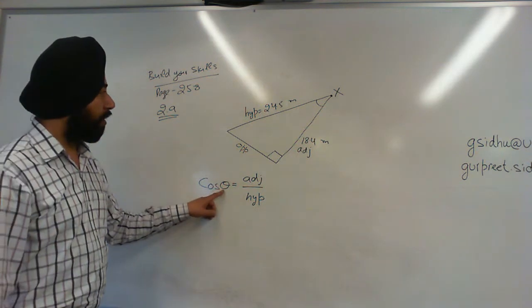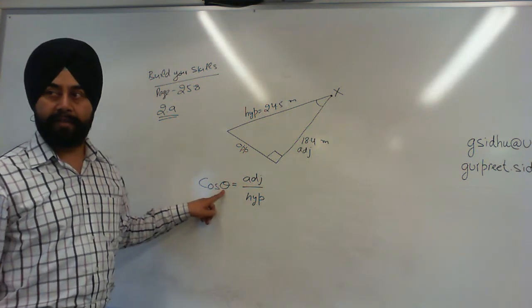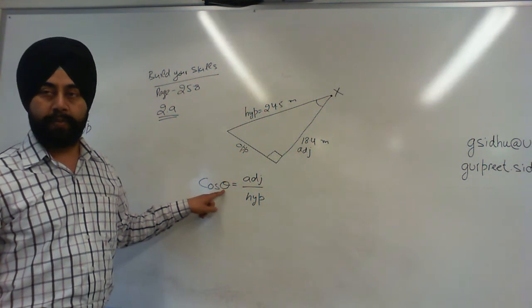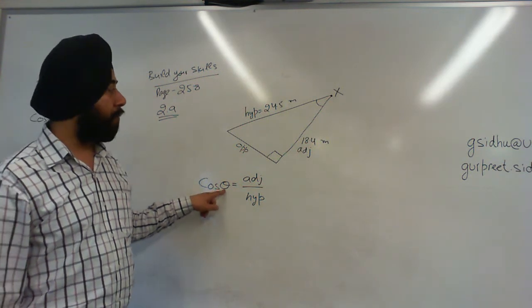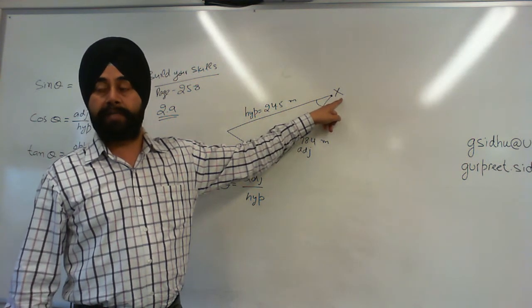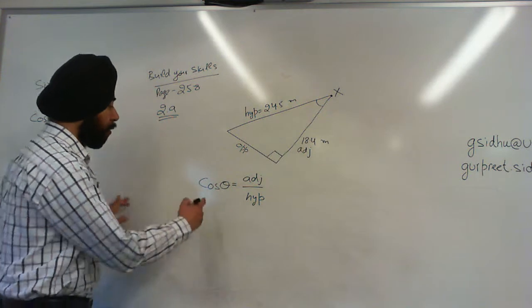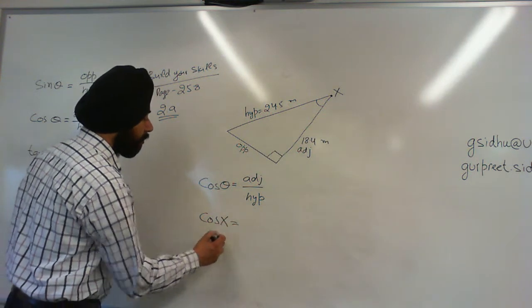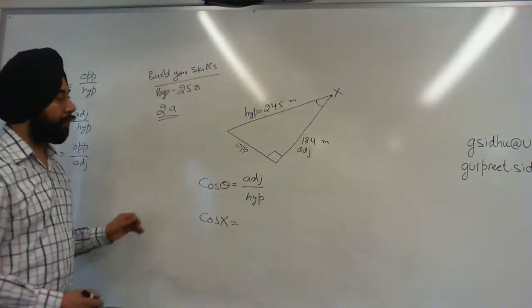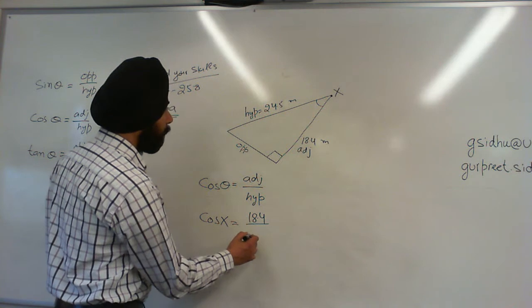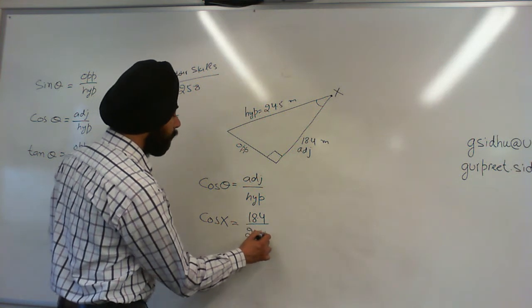Now what is your theta? Is it given? No, it's to be calculated. But the name is x. We don't use theta anymore. We will use x because that's what is given in the problem. So you will change this theta with x. Cos x is equal to adjacent, 18.4, and hypotenuse, 24.5.